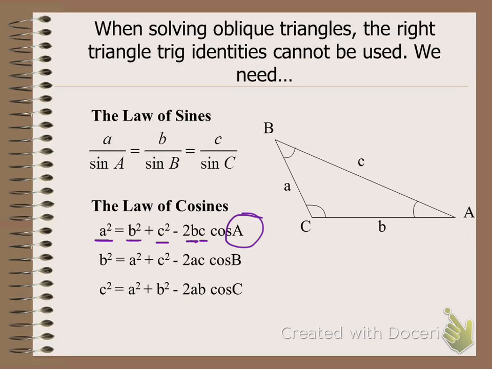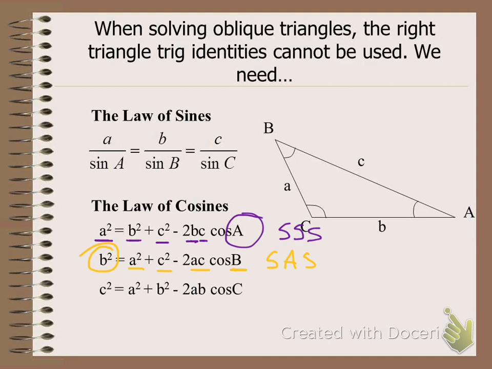So side, side, side, we would know those three pieces. If we had side, angle, side, then obviously there's only one angle, which is this one. And side, angle, side has the two sides that are beside the angle instead of the side that's across from the angle. So we would also know a squared, c squared, a and c. So if we have side, angle, side, we're going to be finding this piece, side b.